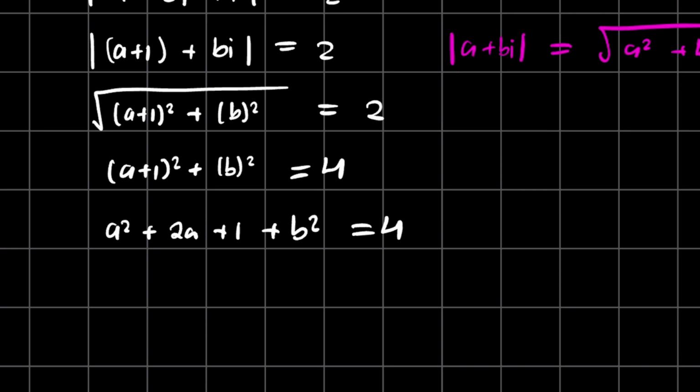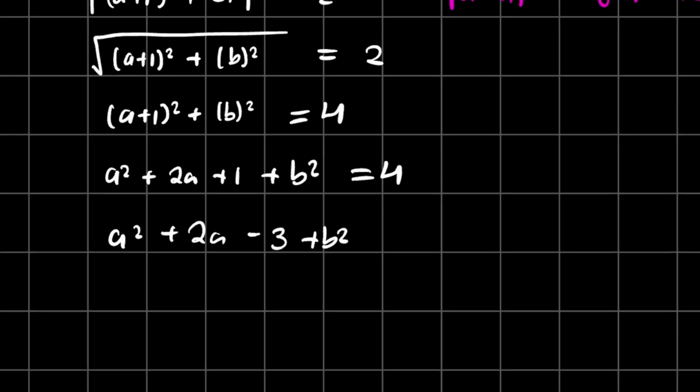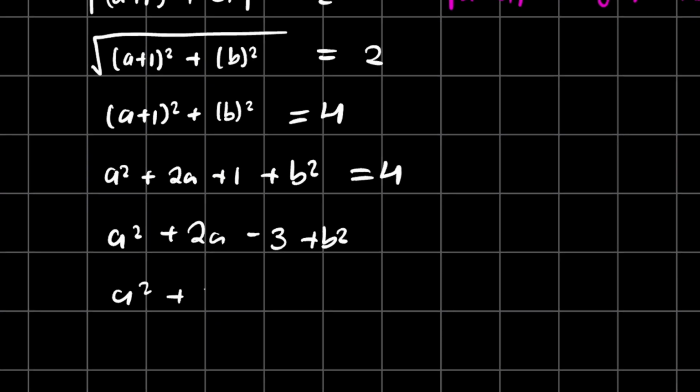We can keep working this, and we can simply say a squared plus 2a minus 3 plus b squared, or simply a squared plus 2a plus b squared minus 3 is equal to 0.